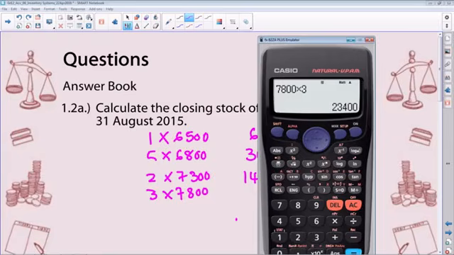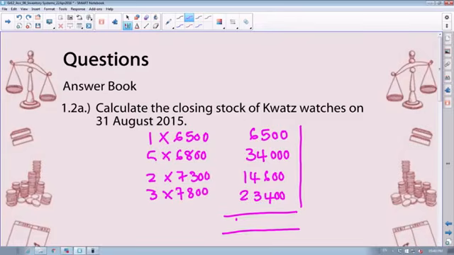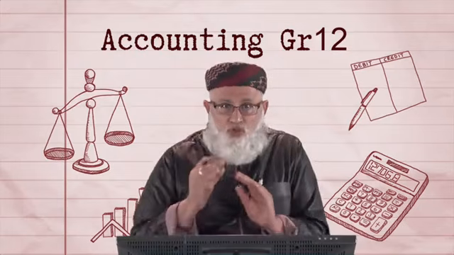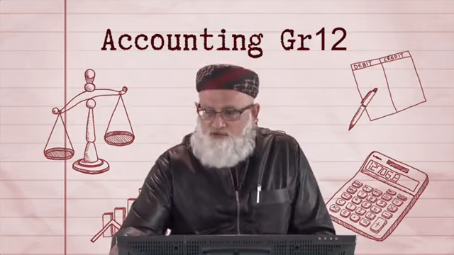Therefore, take your values now and add them up. Obviously, that would be the total value of your closing stock. Now, what was important for you to see in this particular calculation was the fact that you had to specifically identify which stock item was bought and sold to determine what you have left over.